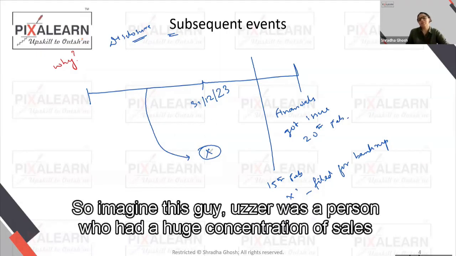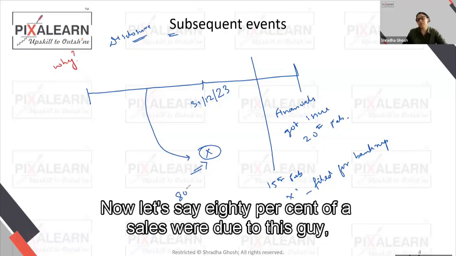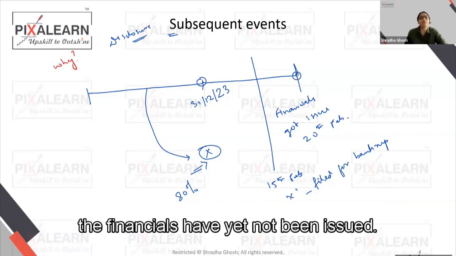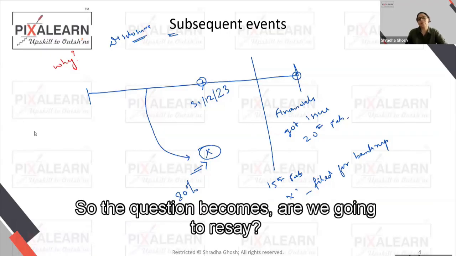So imagine this guy was a person who had a huge concentration of sales from our end. Let's say 80% of our sales were due to this guy. Even though 31st December ended, the financials have not yet been issued. So the question becomes, are we going to restate?